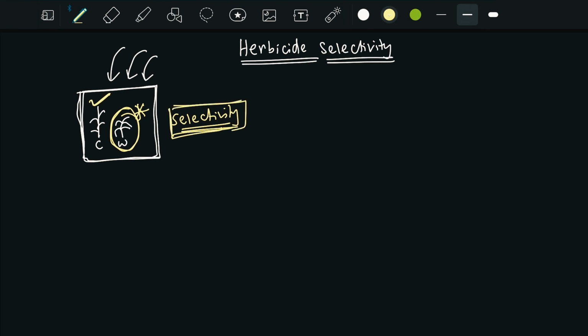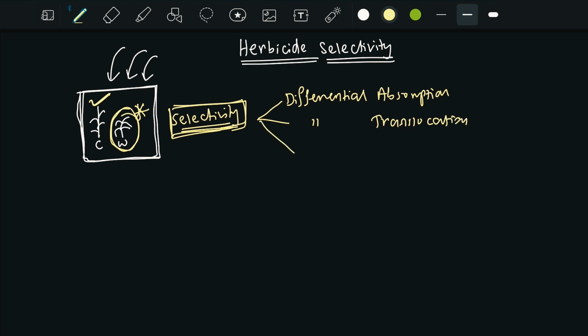So this selectivity, how does it exist? What are the principles of this selectivity? It may be achieved by differential absorption, differential translocation, differential metabolism, or maybe all these three together.